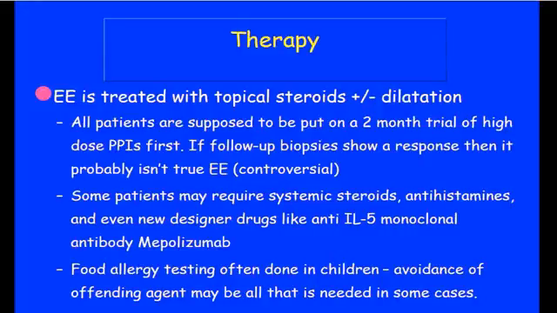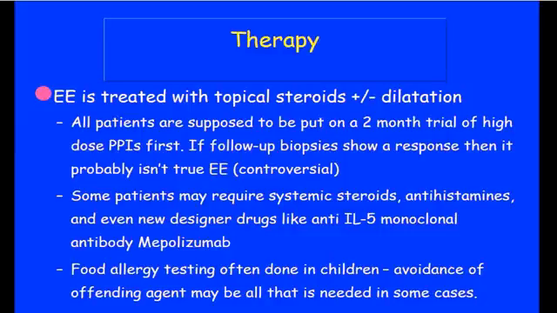Hard to know. If people don't respond, in adults, they're usually given a topical steroid spray like you would normally use for allergic rhinitis, and they swallow it to topically treat their esophagus, or they use some sort of topical steroid preparation. This quickly can get rid of the eosinophils, but sometimes those patients then get Candidal esophagitis as a complication. If there's a stricture, they will be dilated. In children, they go to food allergy testing.